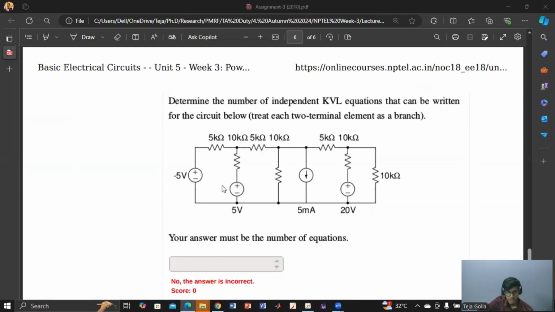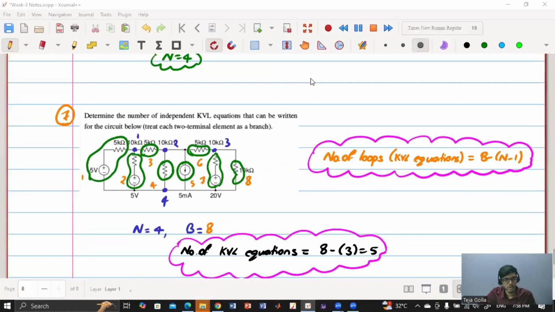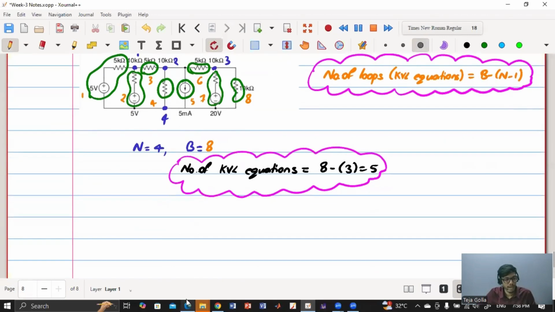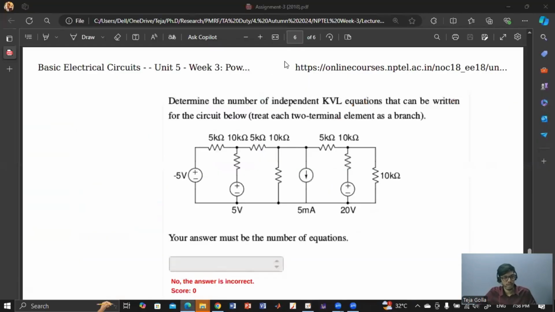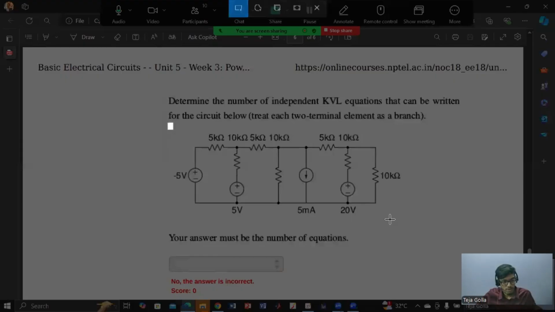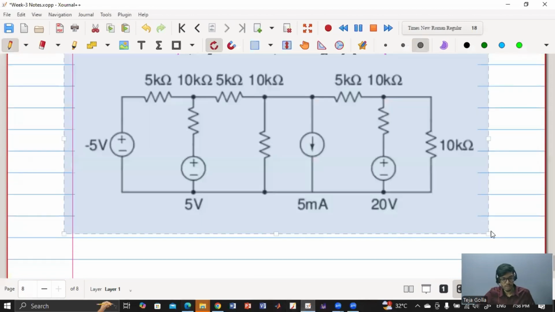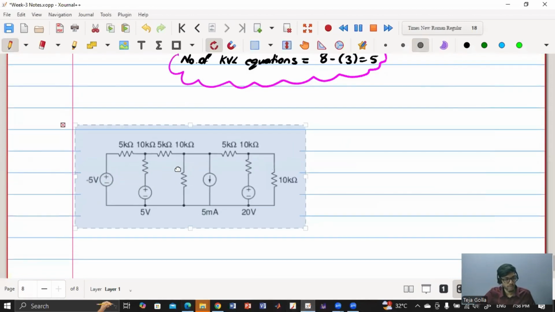Yes, that you can also say, but it is not always true. There are five loops, so I could directly say it is five, but it is not so straightforward.